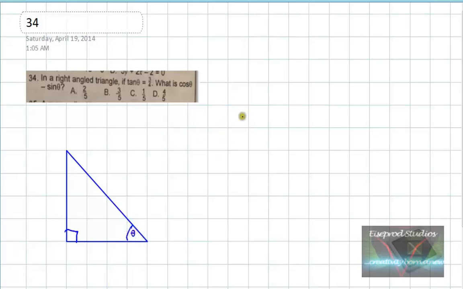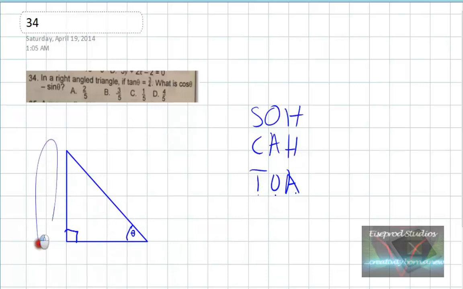And tangent, remember from SOHCAHTOA, which is just a way of remembering sine, cosine, and tangent and what they mean. Tangent means opposite over adjacent. So the opposite side length to this angle is this over here.